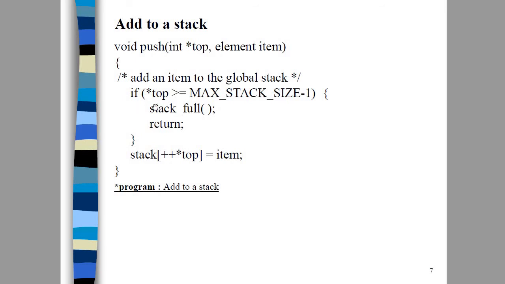If the top pointer value has reached the maximum size of the array, then we will identify that the stack is full, and it has to print that the stack is full. Then with stack[++top], we increment the top pointer by 1, and push the new element onto the stack.